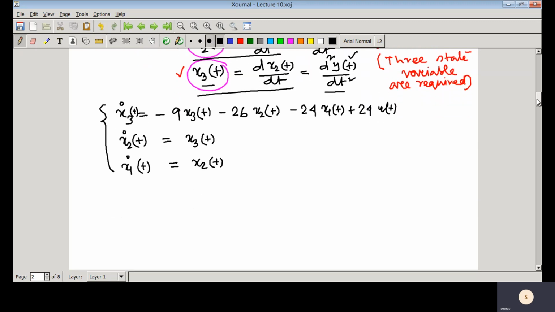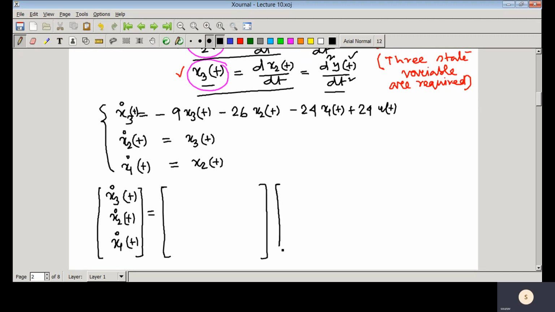So now the next step is we need to represent these dynamical equations in matrix form. How can we do it? If we write x3 dot(t), x2 dot(t), and x1 dot(t), then here you have x3(t), x2(t), and x1(t).